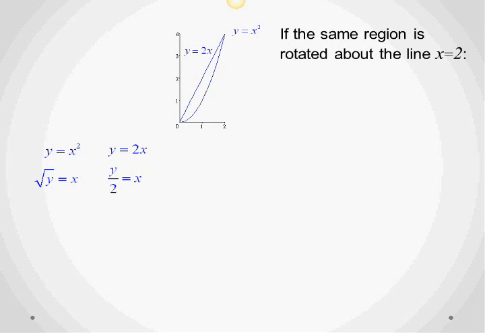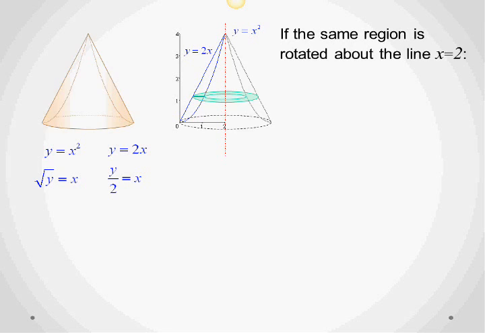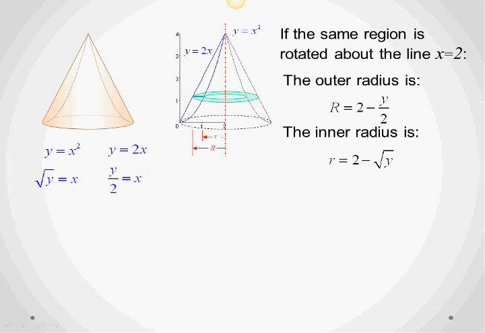Now we're going to take the same region and rotate it around the line x equals 2. Now it's going to form a cone with a concavity situation inside of it. So our big R is actually 2 minus the function y over 2, and the inner radius is 2 minus the square root of y.